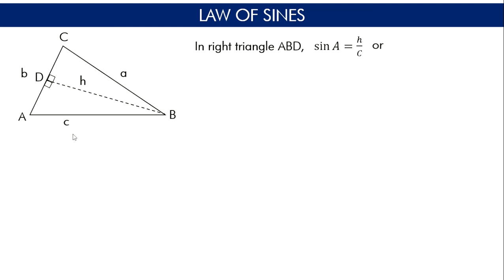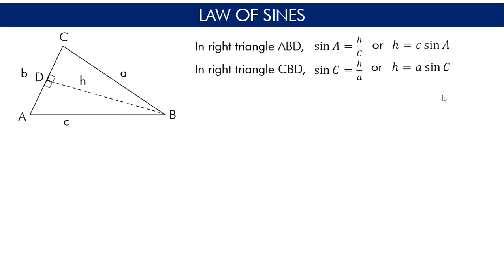We can cross multiply to obtain h is equal to c sine A. And then for triangle CBD, we have sine C, where sine C is equal to h over a. Its opposite is h, and its hypotenuse is a. So we have h is equal to a sine C.